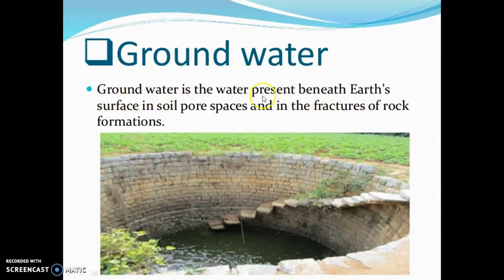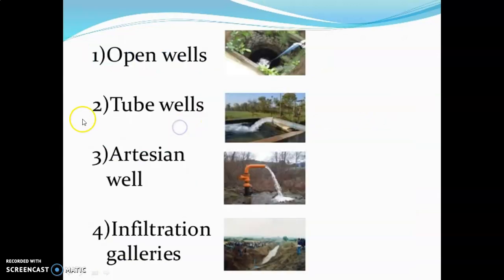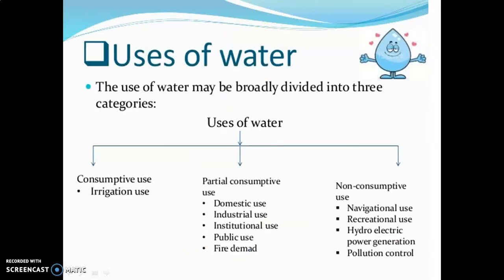Then groundwater. Groundwater is the water present beneath the earth's surface in soil pore spaces and in the fractures of rock formations. Open wells, tube wells, artesian wells and infiltration galleries, see the pictures. Uses of water: the use of water may be broadly divided into three categories.